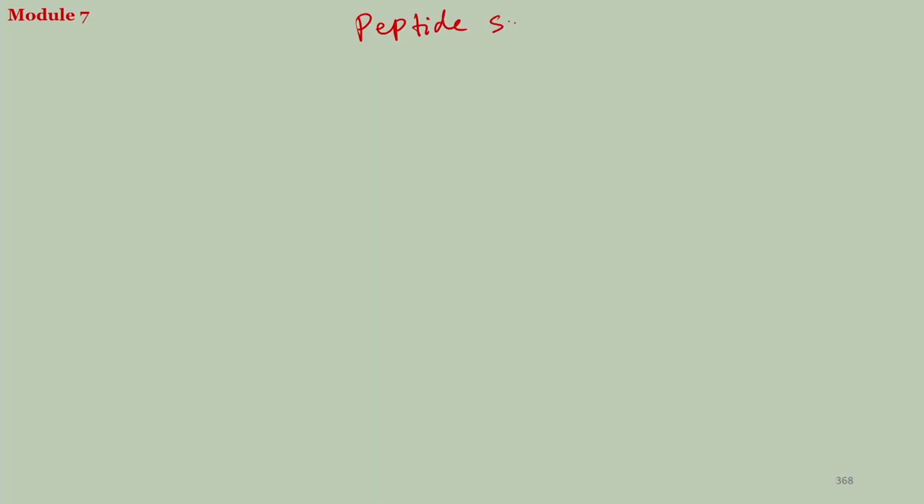So now coming back to the synthesis. Peptide synthesis. As I have said, if you want to synthesize a long sequence of peptides, then you go for solid phase peptide synthesis.